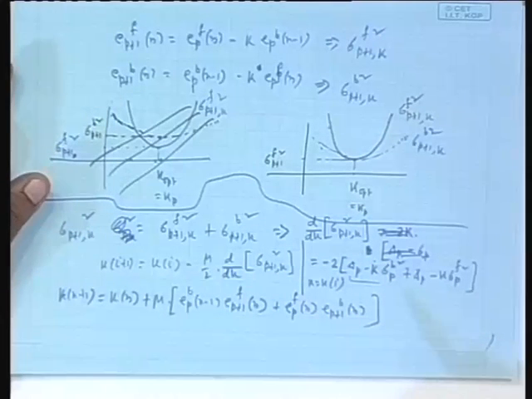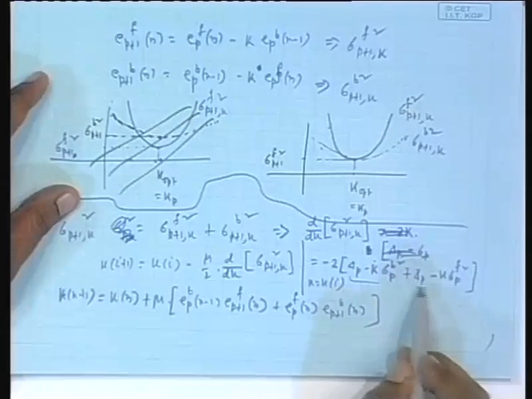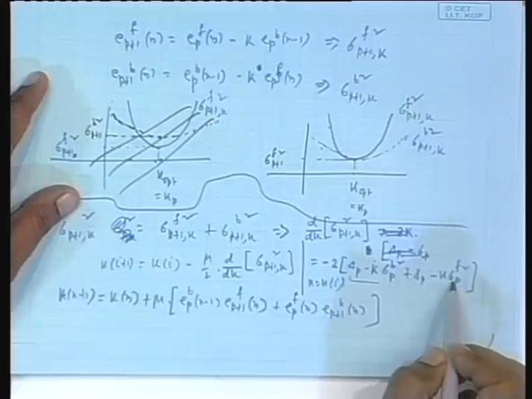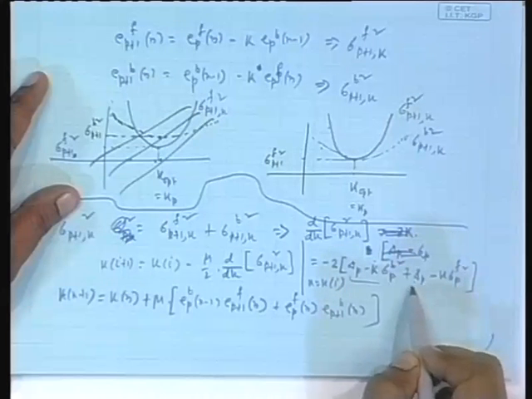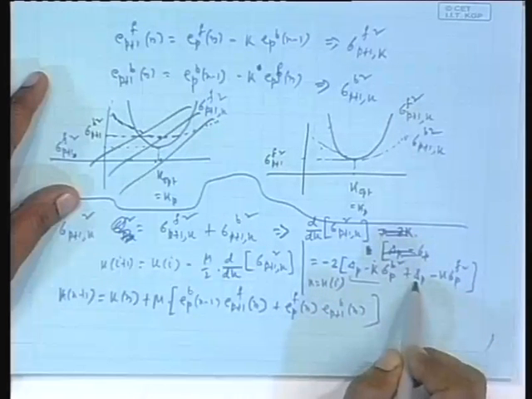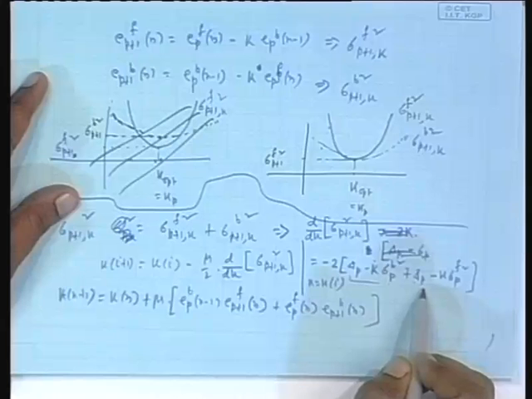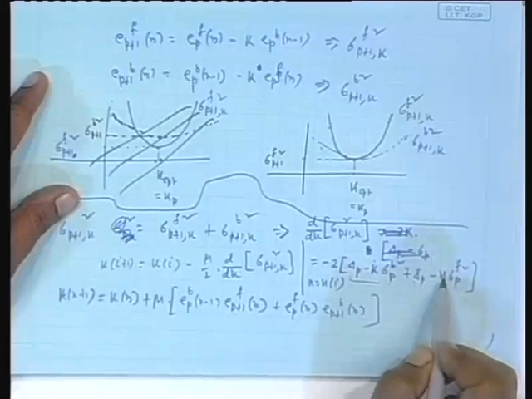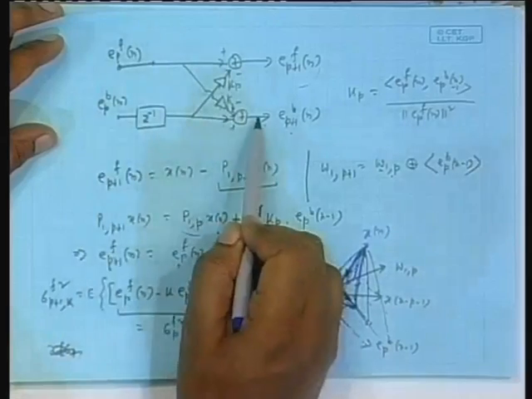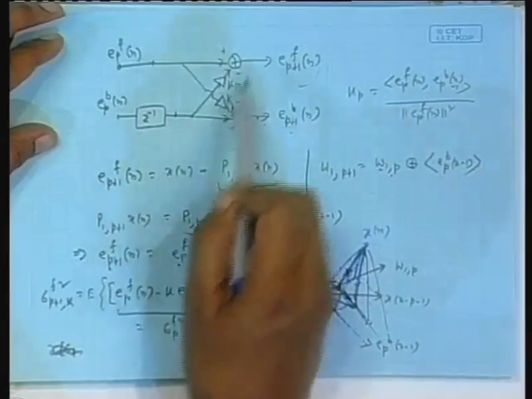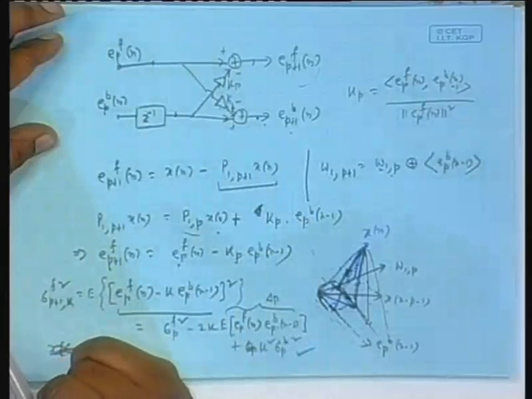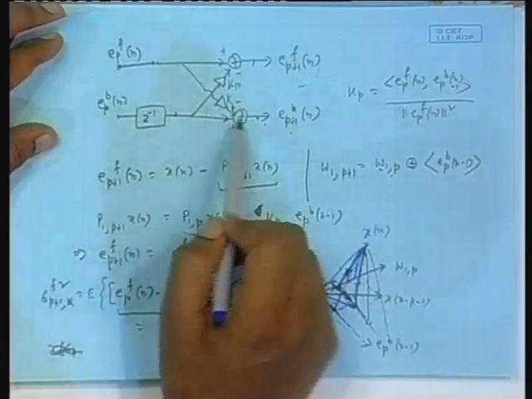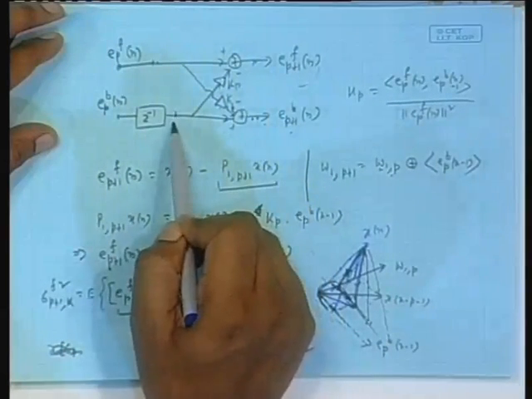Between these two, this is EPF square, this is EPF EPB. So, take EPF common, then EPBN minus 1 minus Kn. So, this guy into this guy and this guy into this guy.